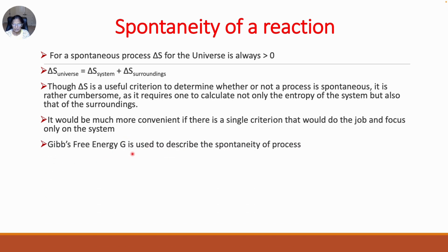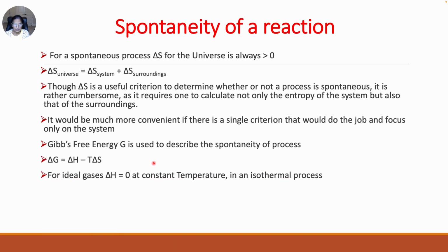Gibbs free energy, G, is used to describe the spontaneity of a process. Delta G is equal to delta H minus T delta S, and for an ideal gas, delta H is 0 at constant temperature in an isothermal process.